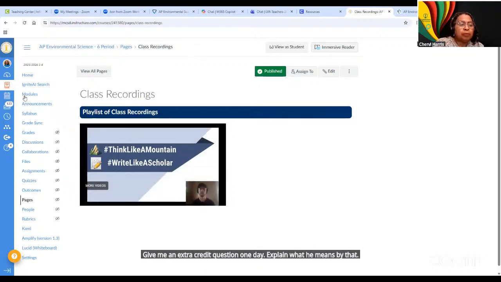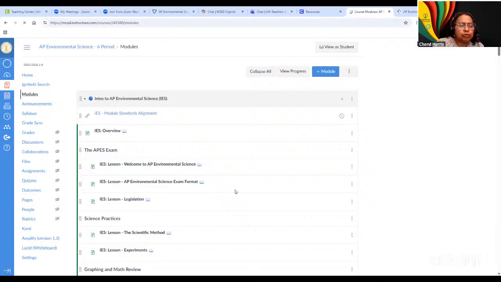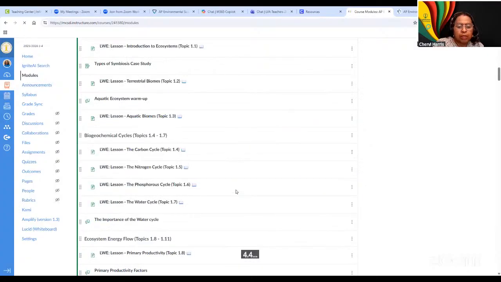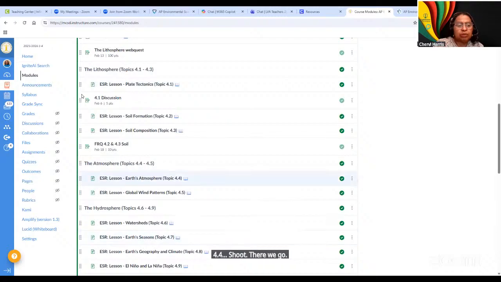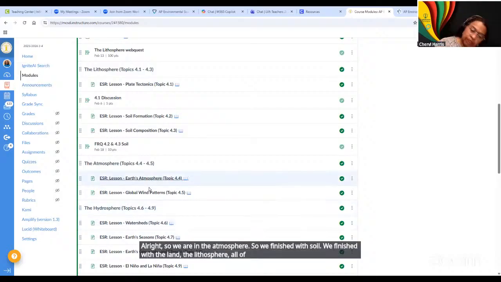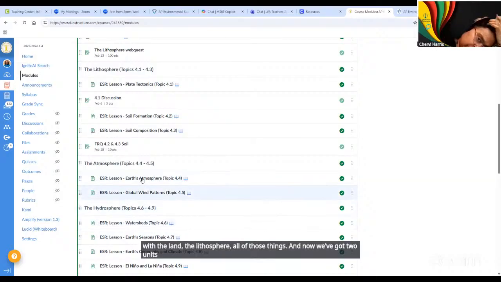All right, so again, we are in 4.4. So we are in the atmosphere. We finished with soil, we finished with the land, the lithosphere, all of those things. And now we've got 2 units under atmosphere.